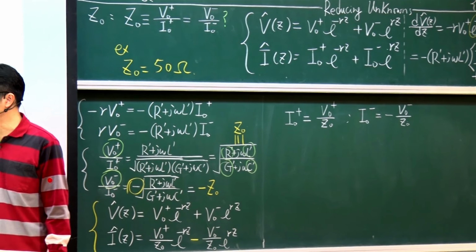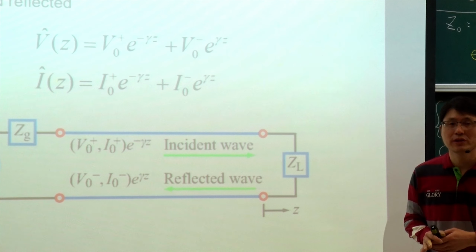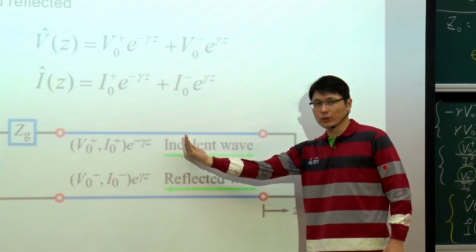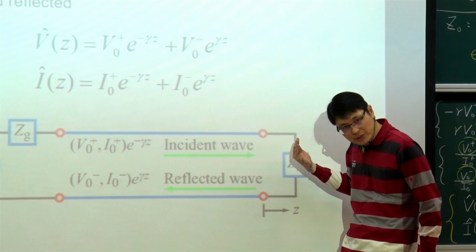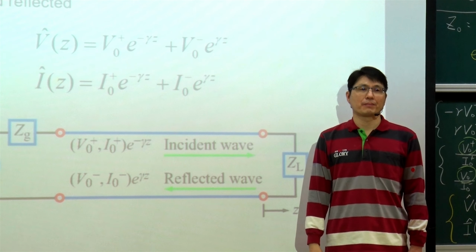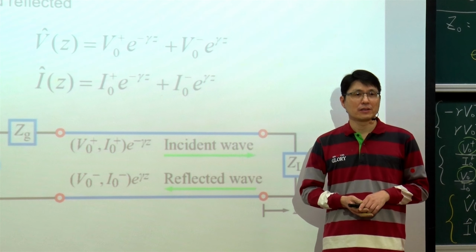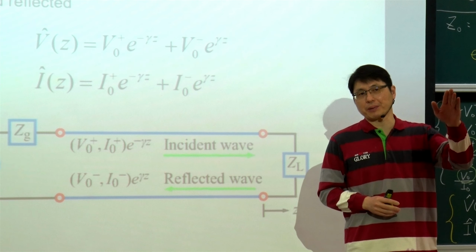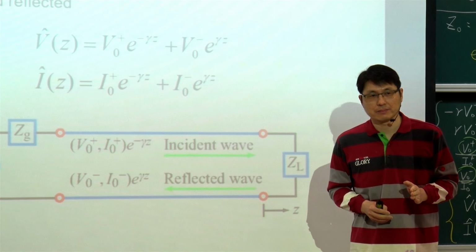So partially, some of the voltage, some of the current, and some of the power are reflected back. So therefore, you have input forward propagating waves, and you can also have a backward reflected wave. So that's the physical origin of having V0 plus, V0 minus.